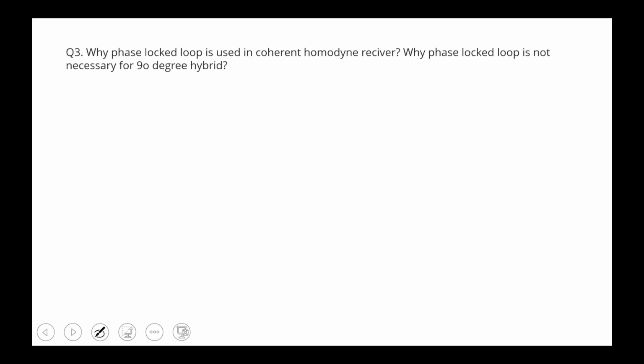The second question: why is a phase lock loop used in the coherent heterodyne receiver, and why is a phase lock loop not necessary for the 90-degree hybrid?